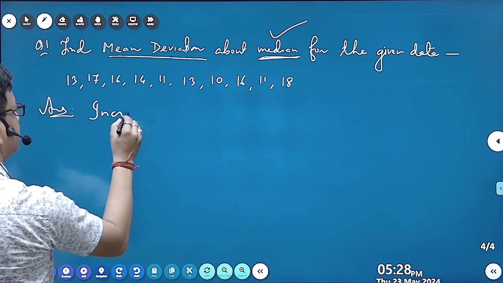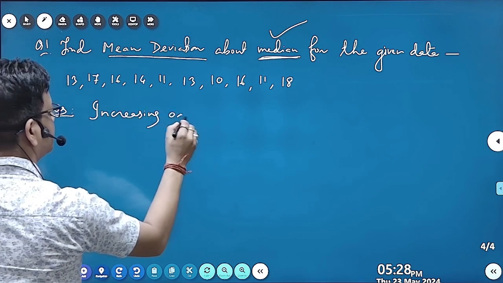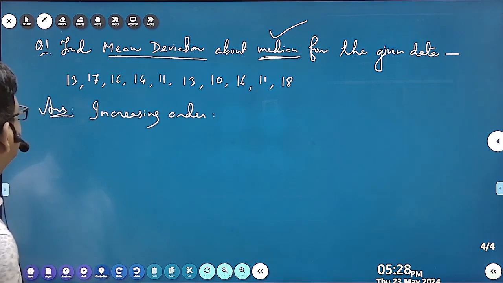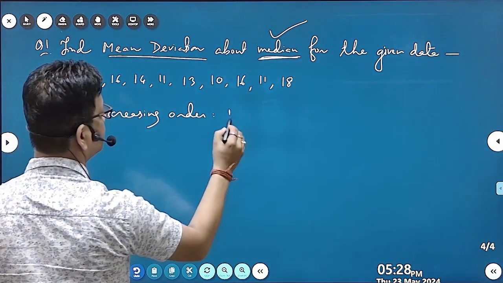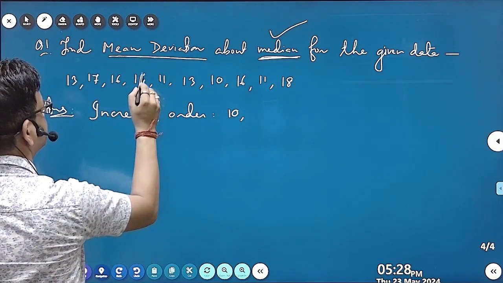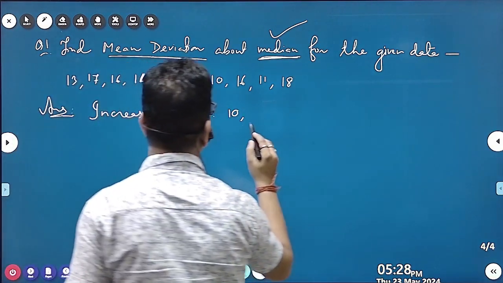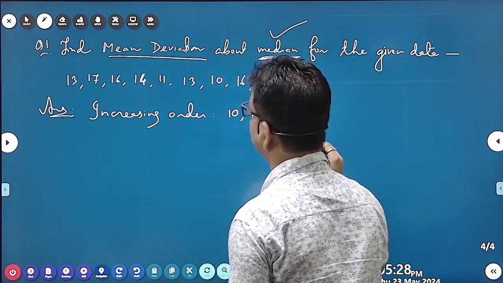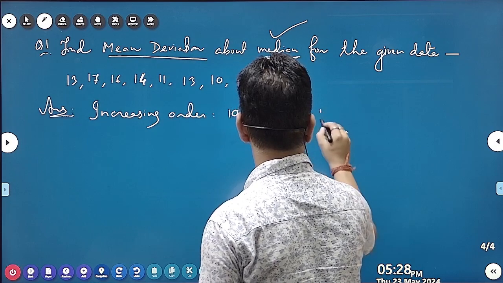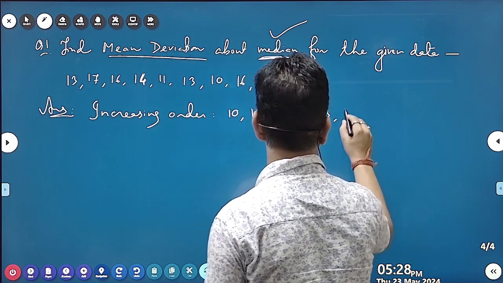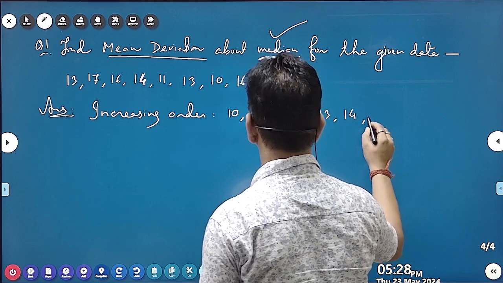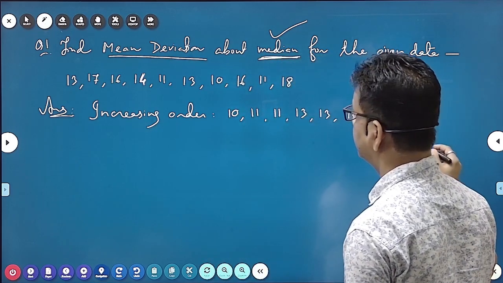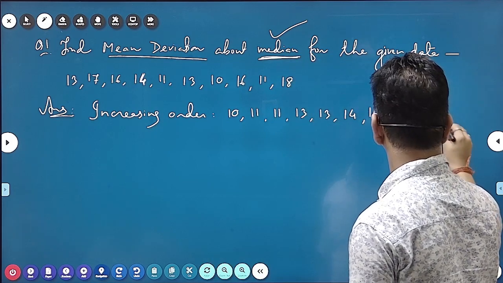The smallest one is 10, then 11 two times, then 13 two times, 14 one time, 16 two times, 17 one time and 18 one time.